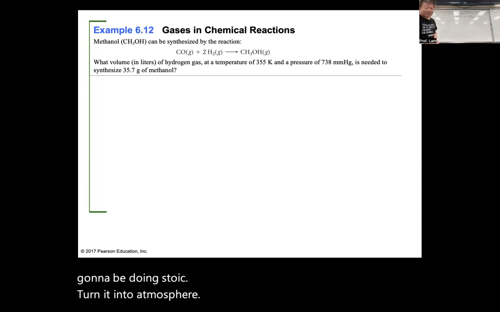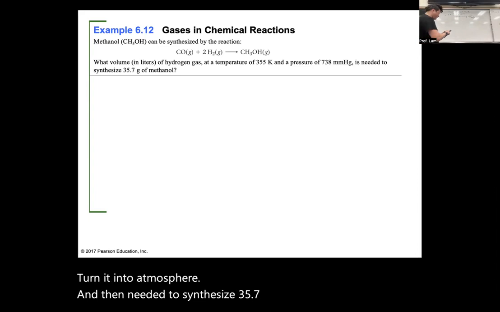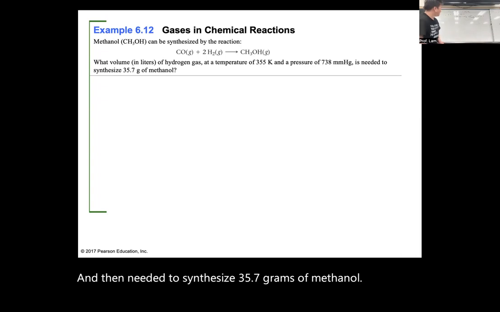And then needed to synthesize 35.7 grams of methanol.